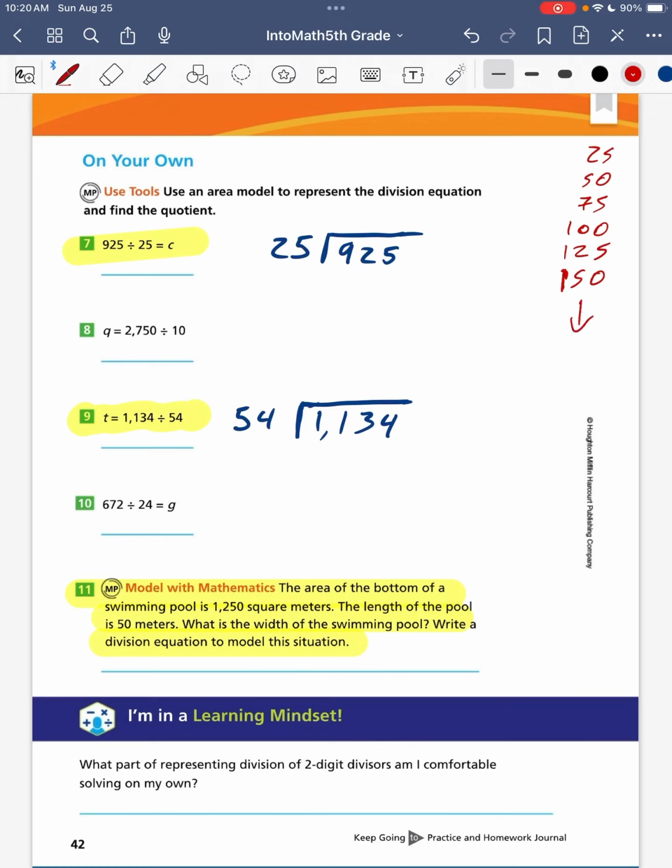Well, if I carry my thinking down here, I know that a multiple of 25 is 300. 300 happens to be the 12th multiple.